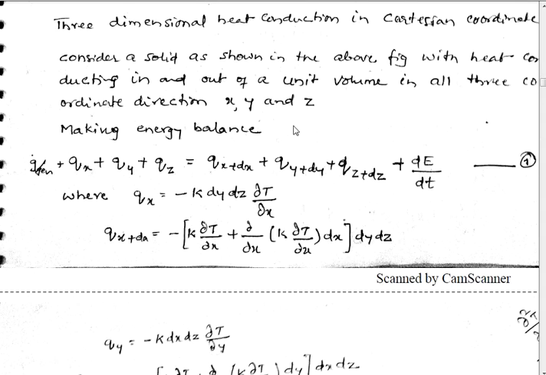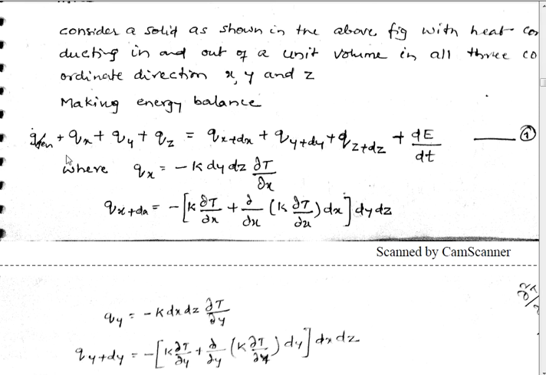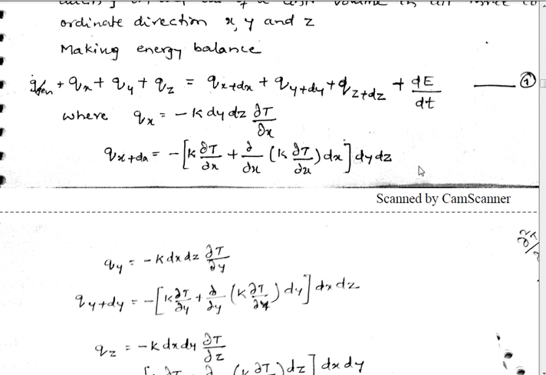Then for the energy balance equation, in all three directions: qx, qy, qz, the amount of heat entering into the element, plus internal heat generation qgen, is equal to the amount of heat leaving through all three directions, qx plus dx, qy plus dy and qz plus dz, plus dE by dt.